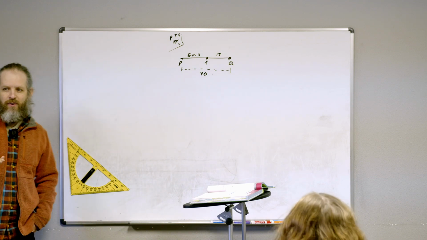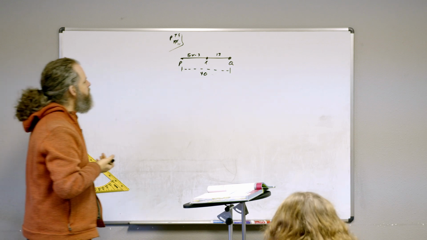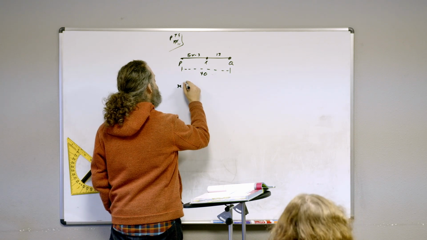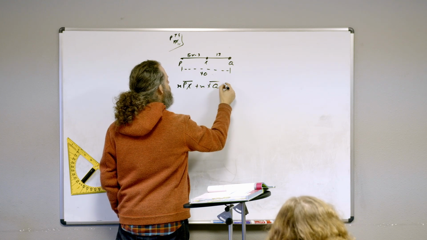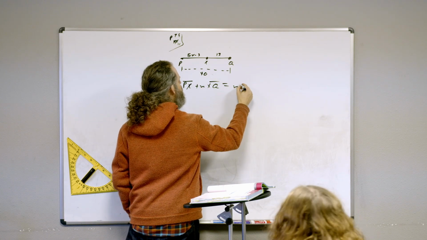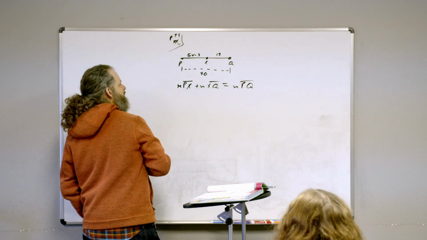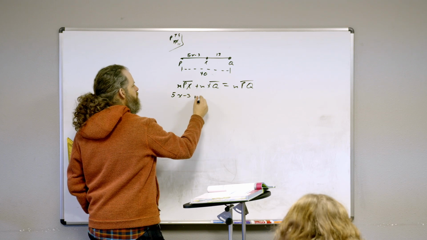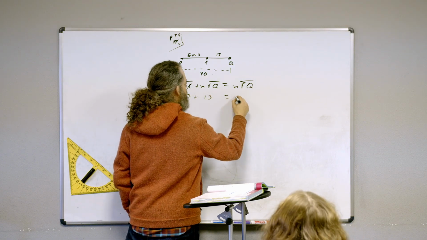Right? So what kind of equation would we set up for that? PX plus XQ equals PQ. True enough. So PX is this one, XQ is 13, and PQ is 40.